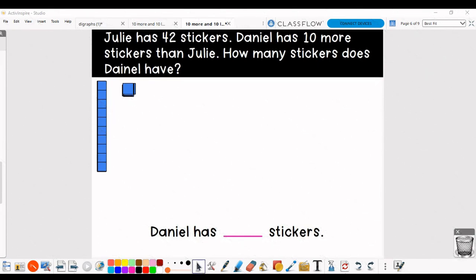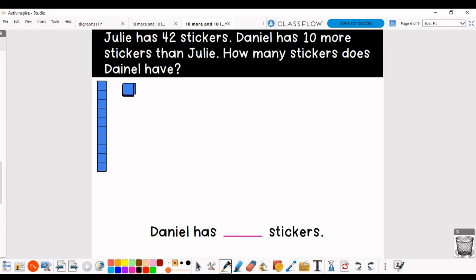Now let's practice with our second strategy, which is drawing it out with base 10 blocks. So I have a word problem, and it says Julie has 42 stickers. Daniel has 10 more stickers than Julie. How many stickers does Daniel have?